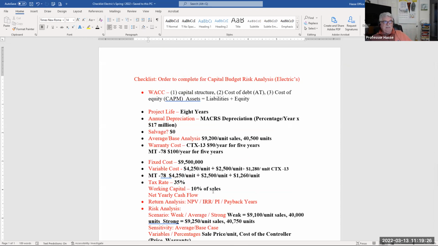You can just adapt it to the other product, MT78. So you're going to be doing 2 analyses, one for each controller, CTX13 and MT78, and then that'll feed into scenarios and sensitivity analysis. These are the key checklist items to begin to put those spreadsheets together.